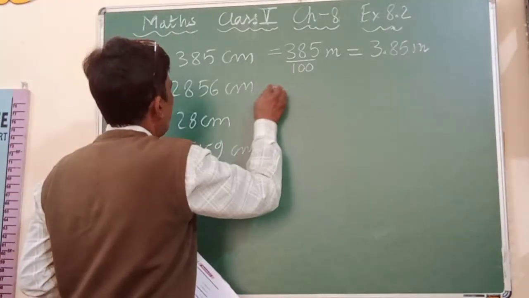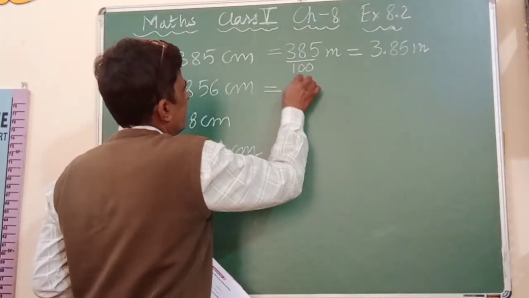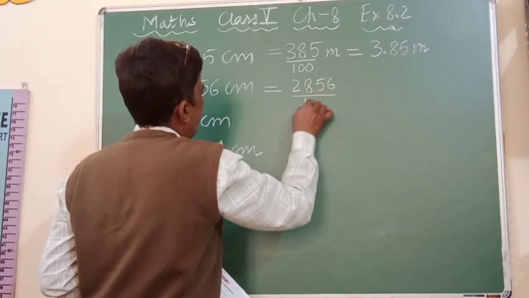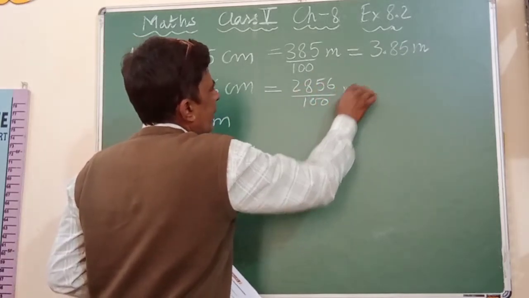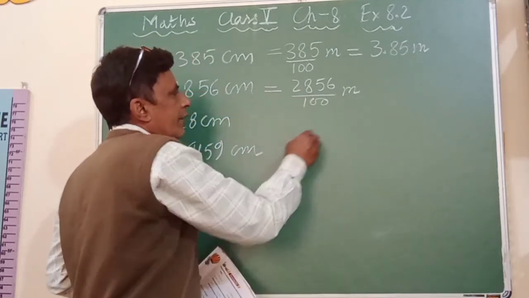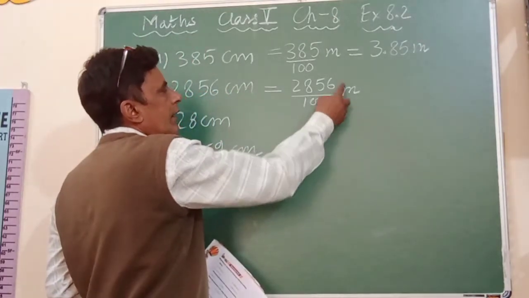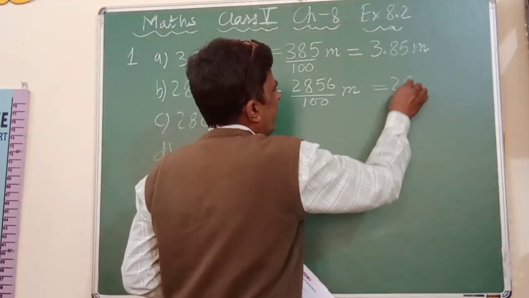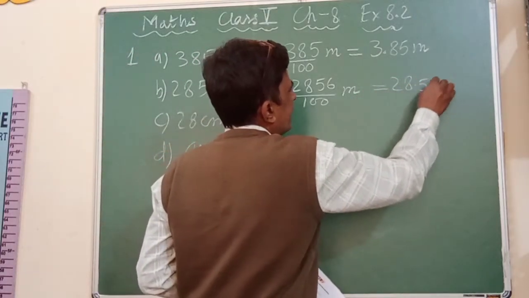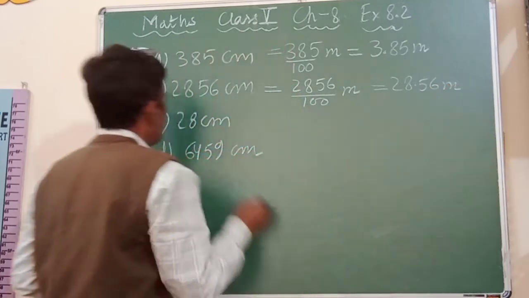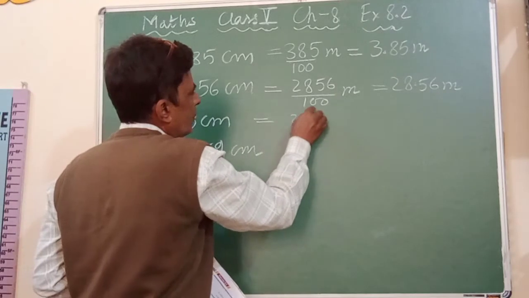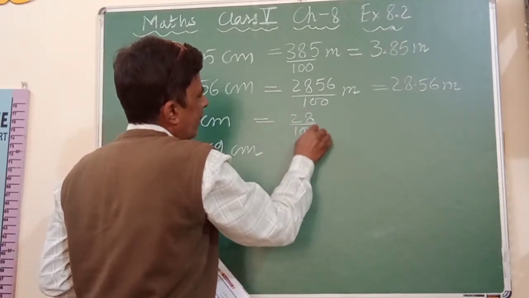In the next part, the given number is 2856. We have to divide by 100 and write the unit meter. When we divide, the decimal will go two places towards left. 28.56 meter. In the third part, we have 28 centimeter is equal to 28 upon 100.